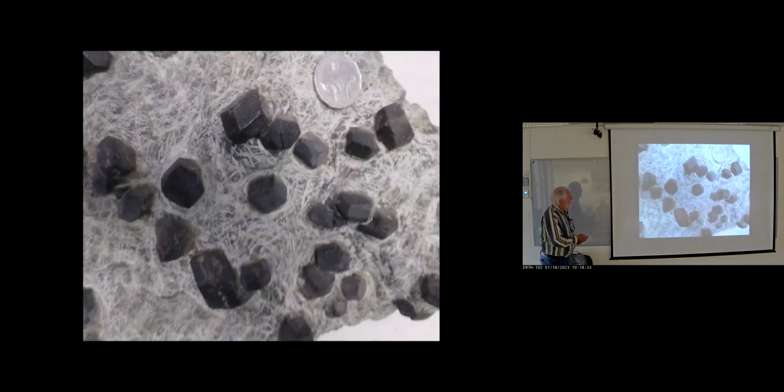And here you see a fragment of rock with some micaceous minerals from the schist family, and large pieces of garnet. The coin here is about 1 inch in diameter, 2.5 centimeters in diameter. These are quite big.